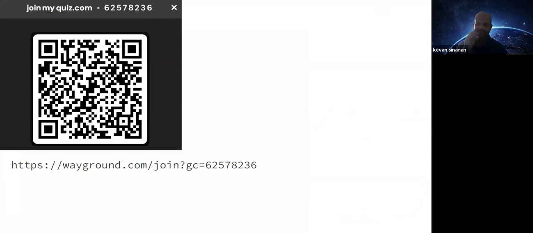If you all could scan the QR code, it will take you to a page to do a quiz. And if you can't, you could go to this website called joinmyquiz.com and just enter this code, 62578. Let me know if you all could get through that.